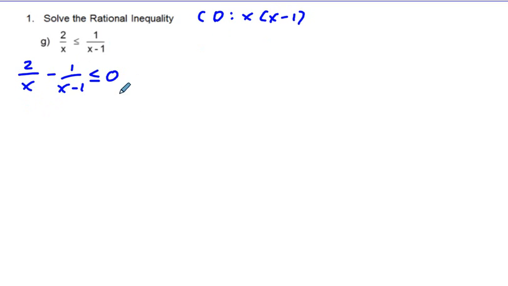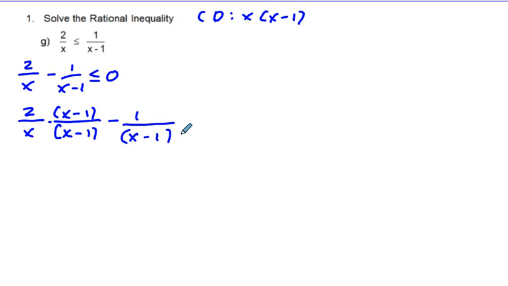And now rewriting each of these fractions, first we have 2 over x, and we have to multiply by x minus 1 over x minus 1, and then minus 1 over x minus 1. And what do we have to multiply this by? Well, x over x.